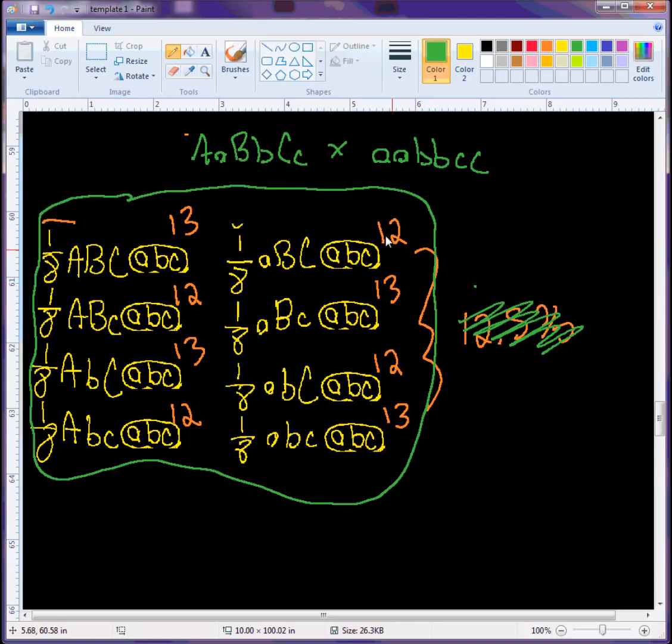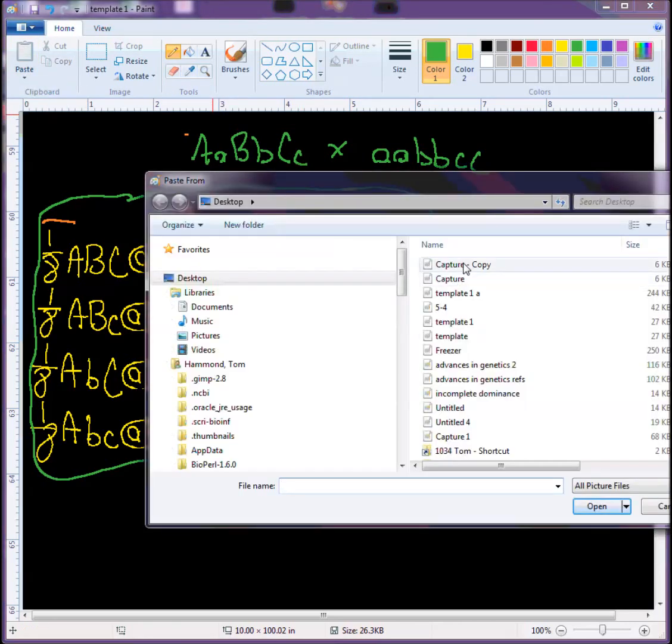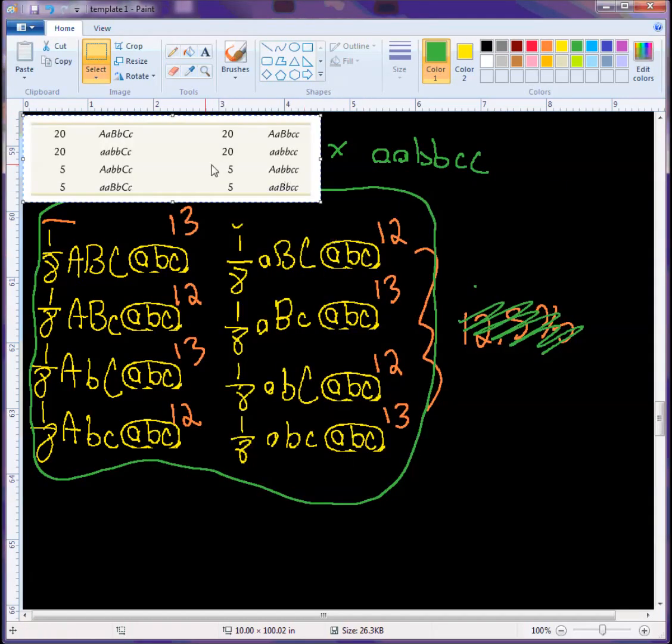Now, the problem gives us some data, and I'm going to paste something in here. Okay, so these are the actual numbers. So let's take a look and see how they compare to our data that we get when we assume independent assortment of all 3 alleles of all 3 genes. So now let me find a nice color.